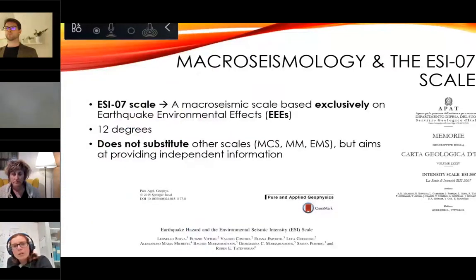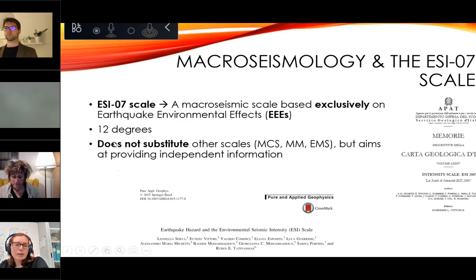So it is also called ESI-07 because it was introduced in 2007, as we will see in a minute. The main characteristic is that this scale is based only on natural effects.